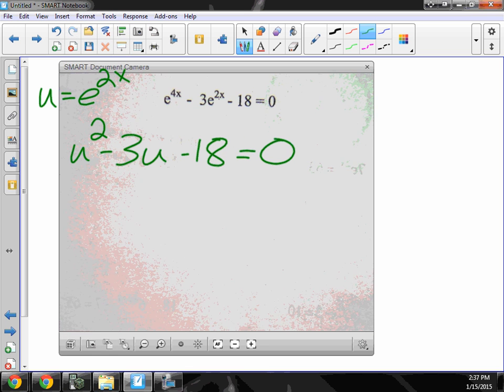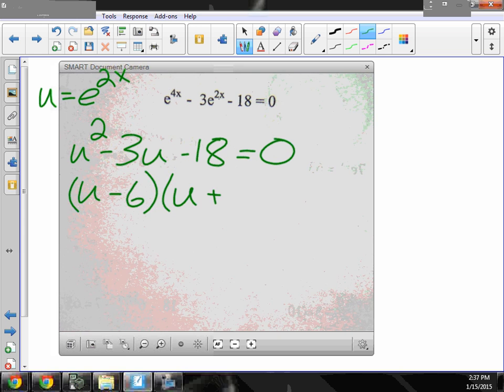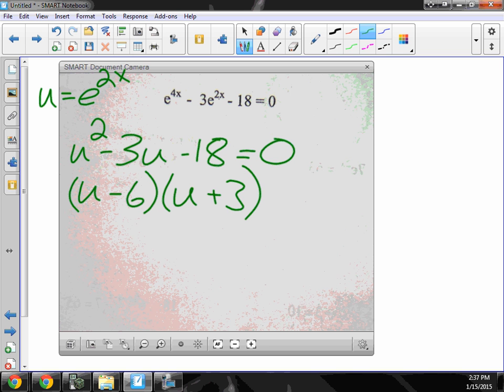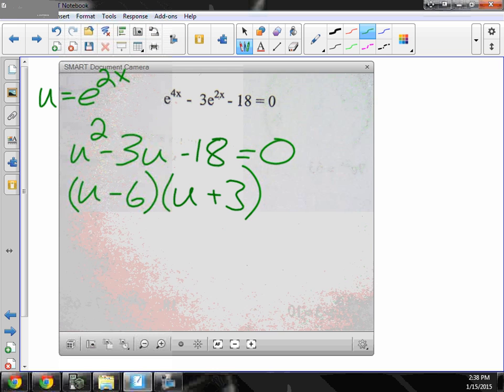Does that factor? Negative 6 and 3. Are they both going to work? The 3 won't. How come? Oh, it says positive right there. Right. It will be negative, and can e to the 2x equal a negative number?